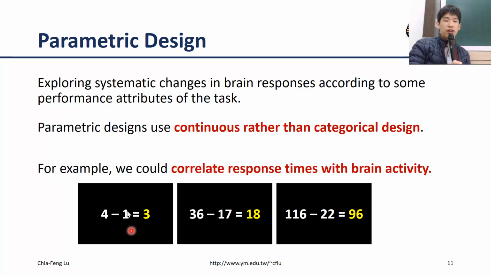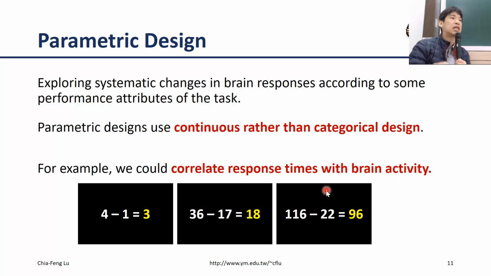So if you deliver, for example, 10 questions like this one, 10 questions like this one, and 10 questions like this one, now you have 30 numbers. Each one represents the response time when the subject is determining whether the answer is right or not. Now you have 30 values, and you'd like to correlate the values with the brain activity.